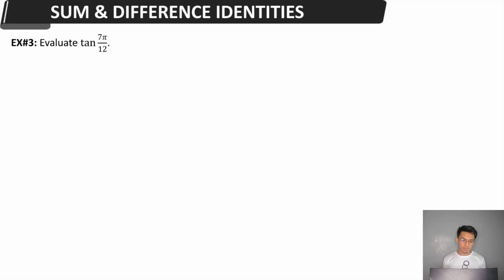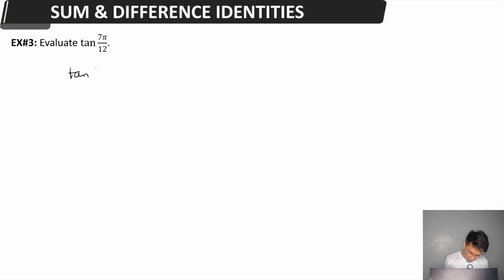And isang technique na kanina pa natin ginagawa, for example number 1, example number 2, kung isi-separate natin siya into two parts, dapat special angle yung gagamitin natin, special or quadrantal angle, kasi may exact values na tayo for those angles.